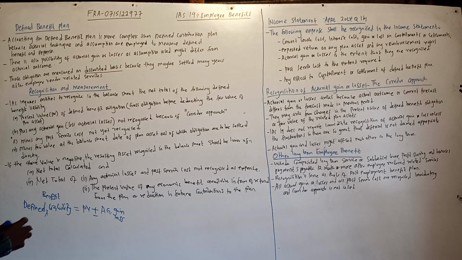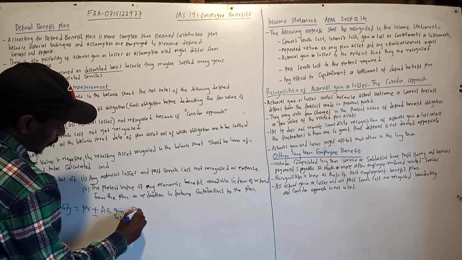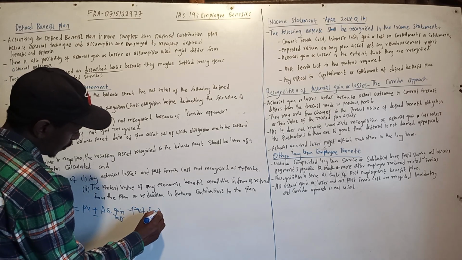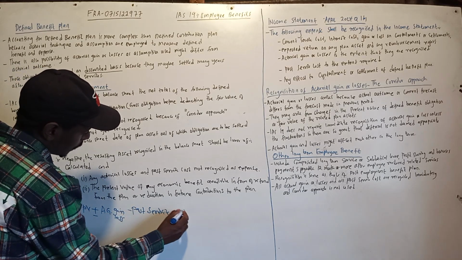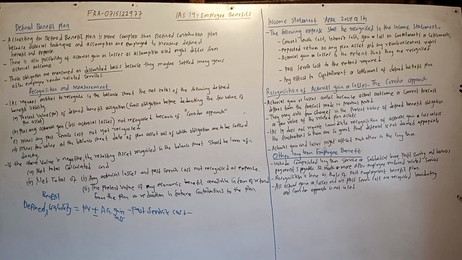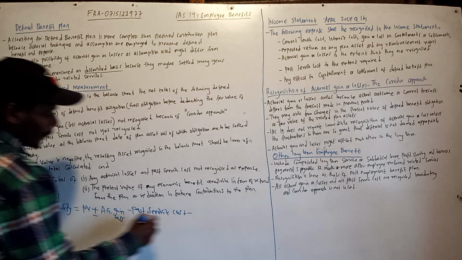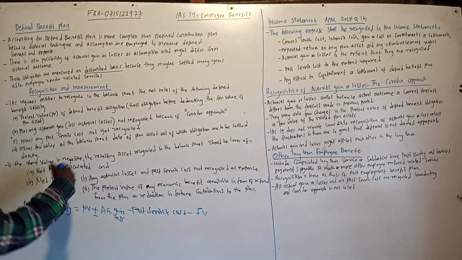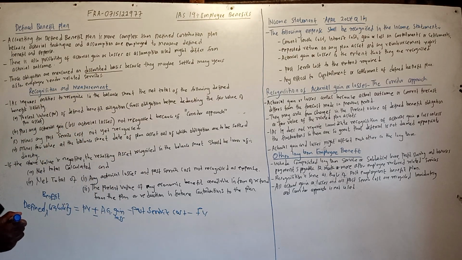Then you subtract the past service cost, and then you subtract the fair value at the balance sheet date of the plan assets out of which the obligations are to be settled directly. That's the amount that we shall recognize in the balance sheet.